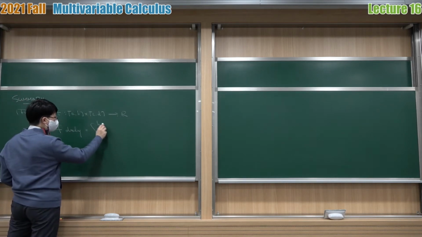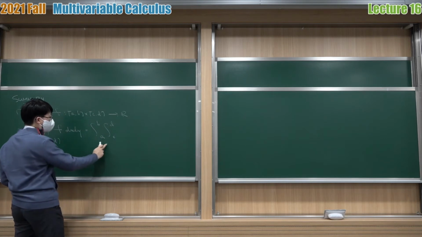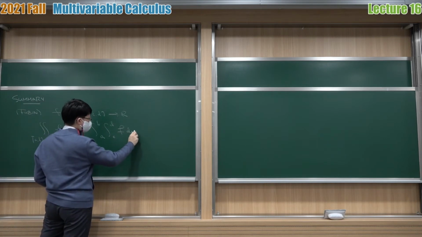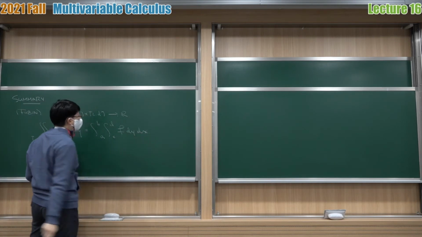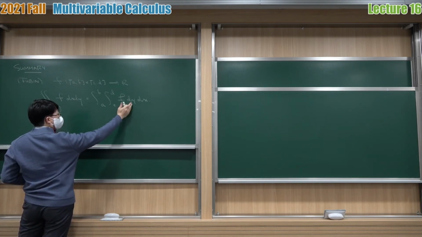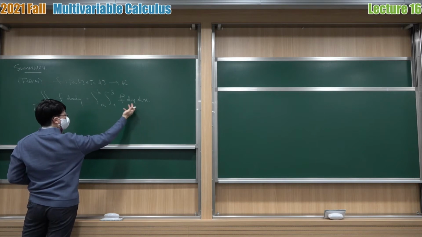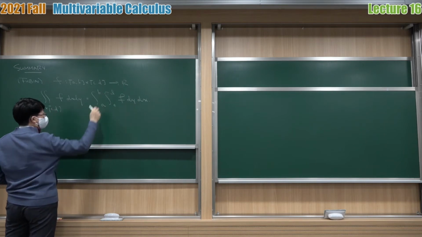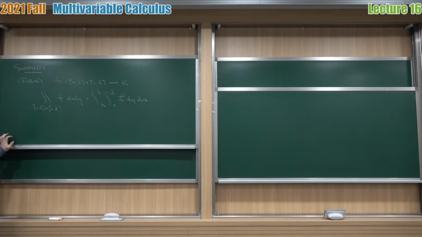It has a boundary, which is a very important point. There are two ways of doing this, but I'm going to write only one for simplicity. In an iterated integral, the order of dx dy matters because of the integral signs. And we explained the underlying geometric idea of these equations.